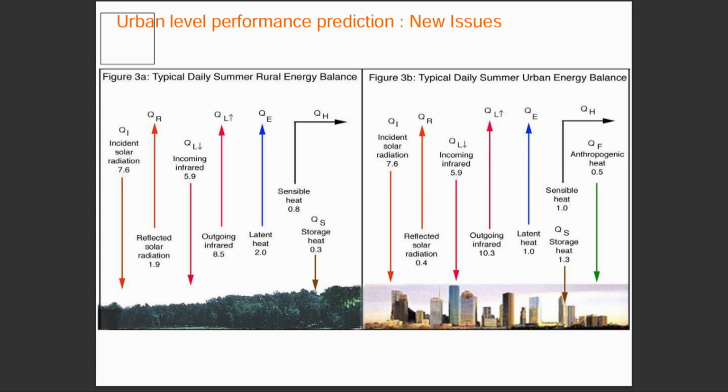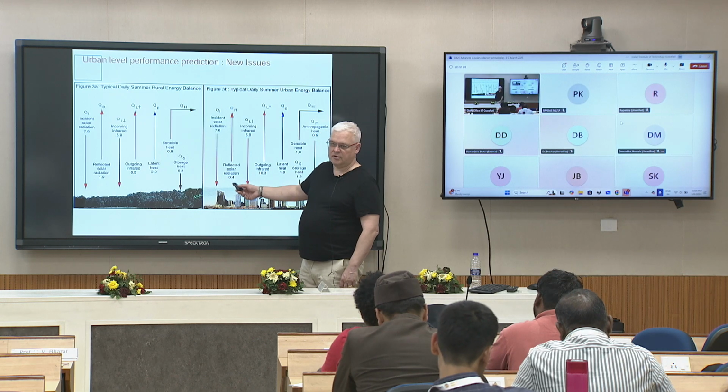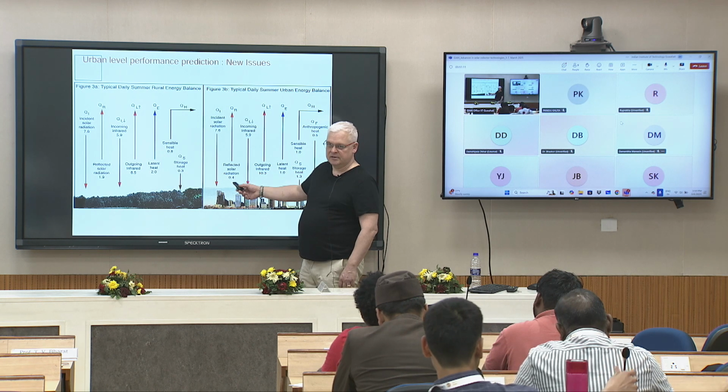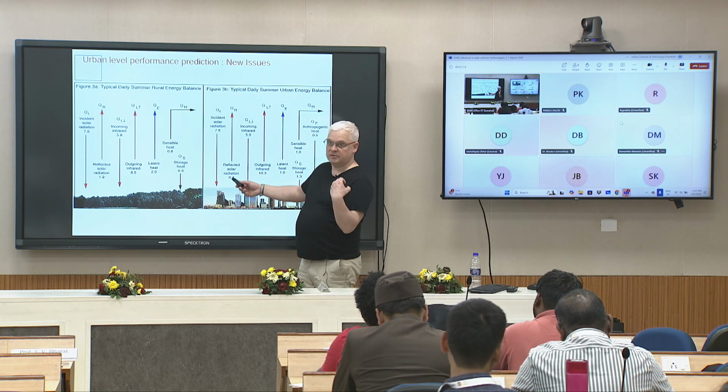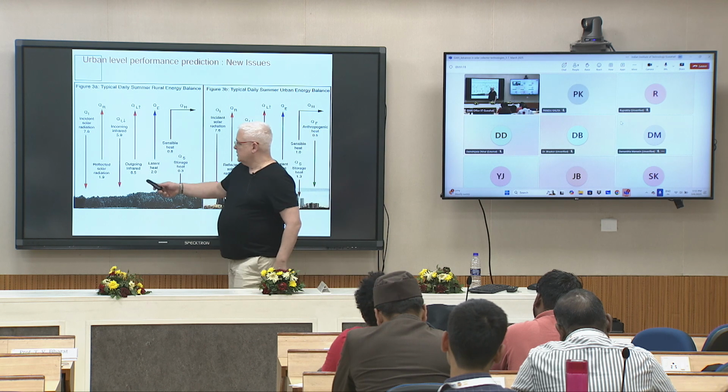It is the same for urban and countryside. Then we see that there is a certain part which is reflected, because there is lake, there are trees, okay? This part is much smaller in the city, because the city is more absorbing, okay?